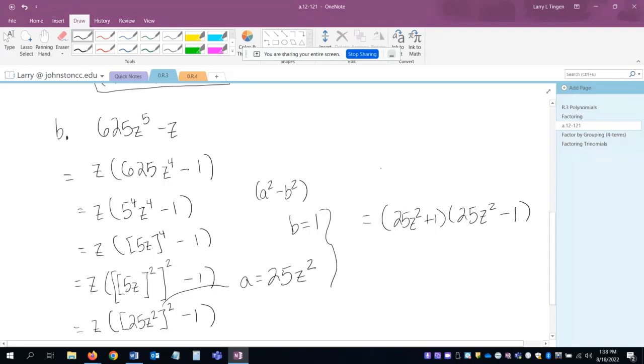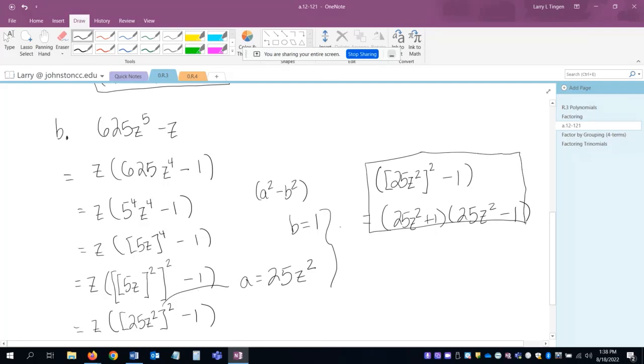So it's got a little sloppy over here. What I said is 25z squared minus 1 breaks down or factors into these two factors. So just off to the side, I get this.